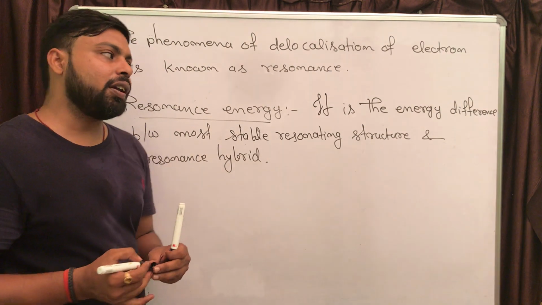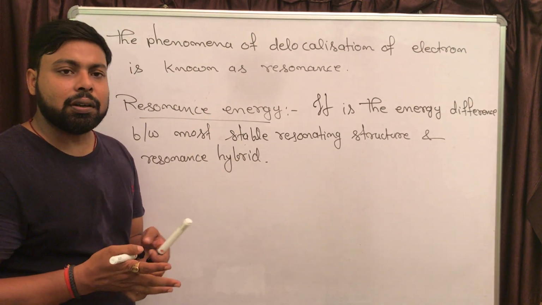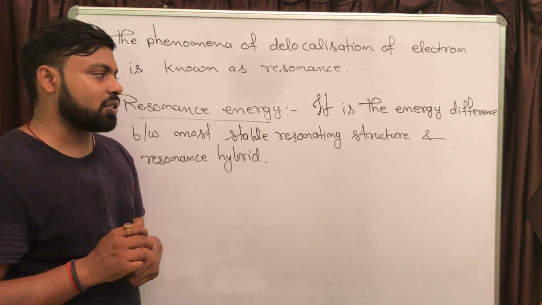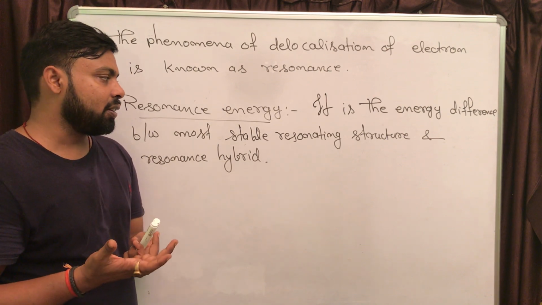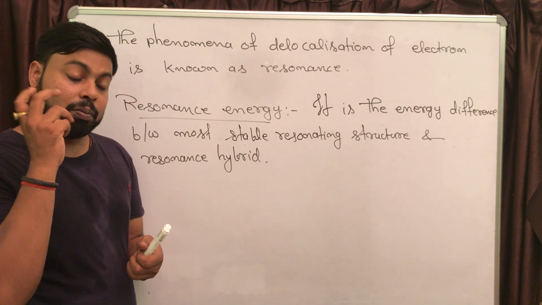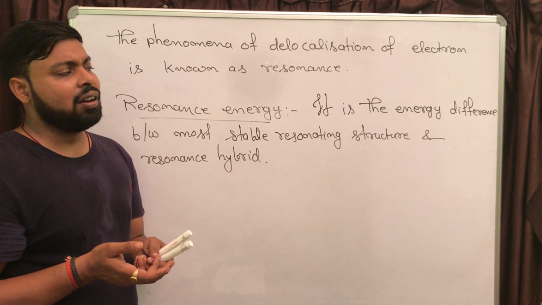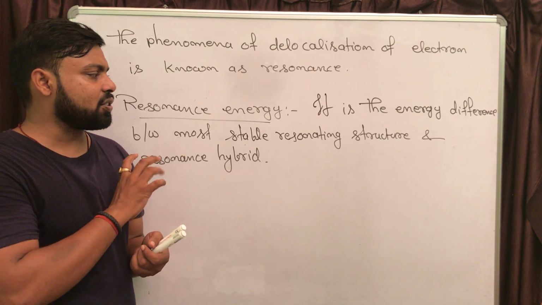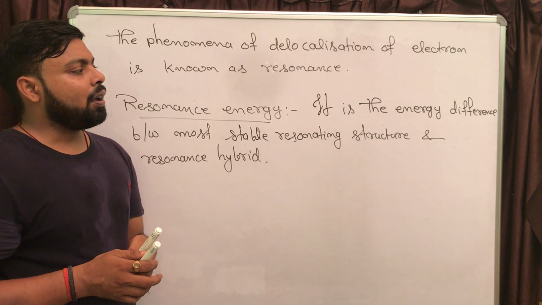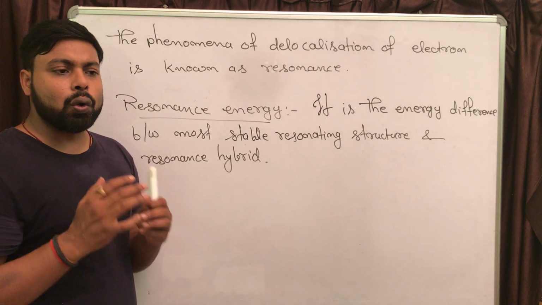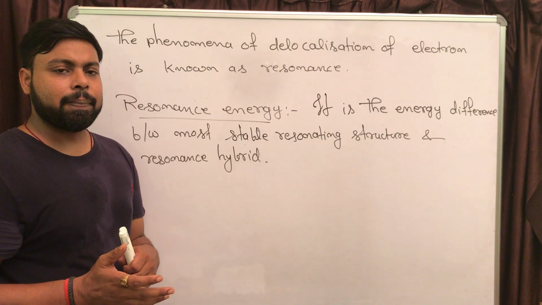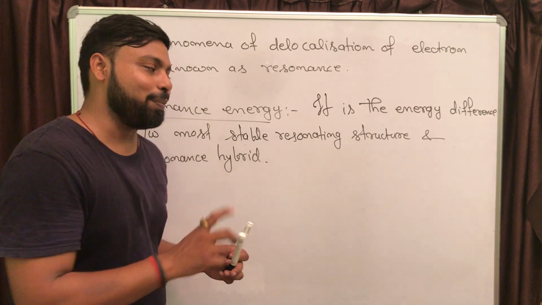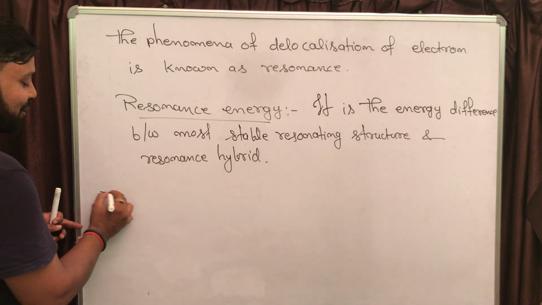Remember this. Definitely if the hybrid is more stable, the energy of the resonance hybrid will be less as compared to the resonating structure. So if you calculate the difference between the energy of the most stable resonating structure and the energy of the hybrid, whatever energy gap you get is known as resonance energy. It is said that the more the resonance energy, the more the stability of the molecule. And it is again very important. It will be used while problem solving.